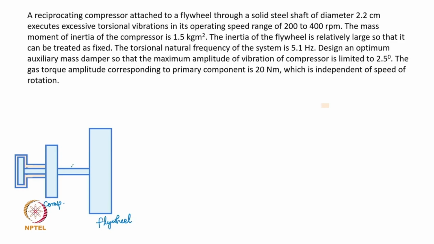This compressor has a solid steel shaft of given diameter here, and generates excessive torsional vibrations in this operating speed range. The mass moment of inertia of the compressor is given as 1.5 kg square meter, and that is basically the value of I. So I'm writing this as the IC value. The flywheel is large enough that we can treat it as fixed, so we can fix this, and then it becomes a torsional vibratory system.